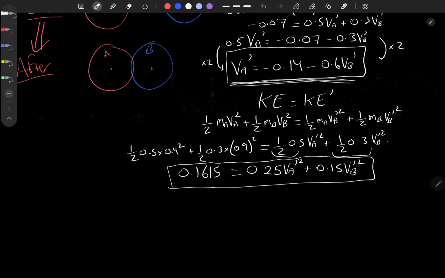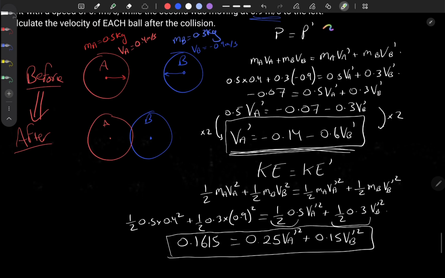But before I actually do anything with it, what we're going to do is we're going to substitute what we have here as VA prime inside this other formula. So in a sense, we're combining the conservation of momentum with the formula of the kinetic or the conservation of energy. So we're going to substitute whatever we have in VA here.